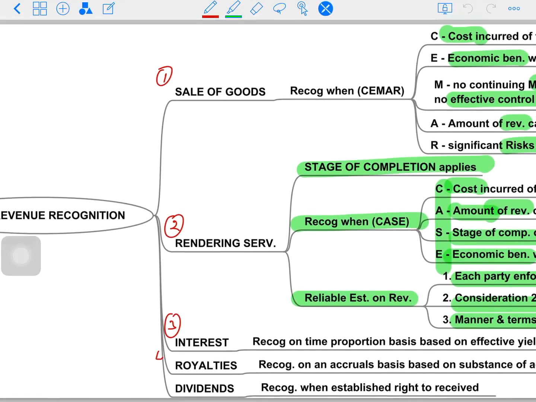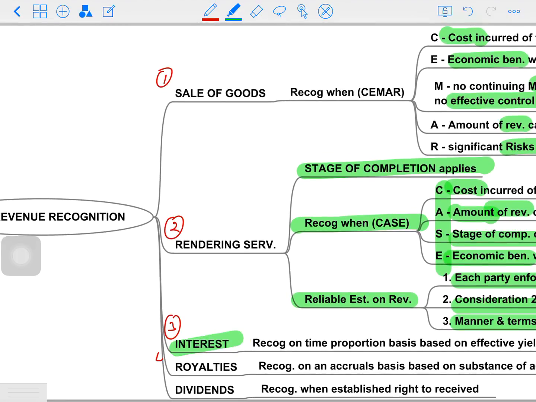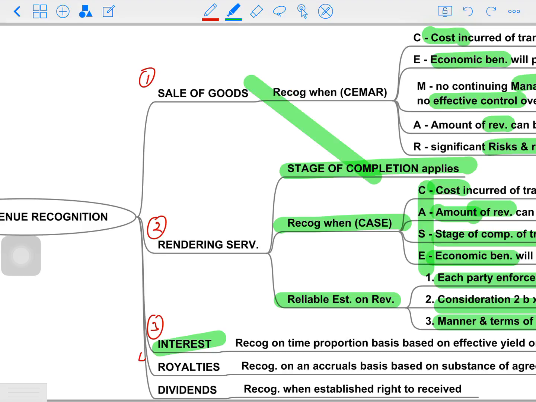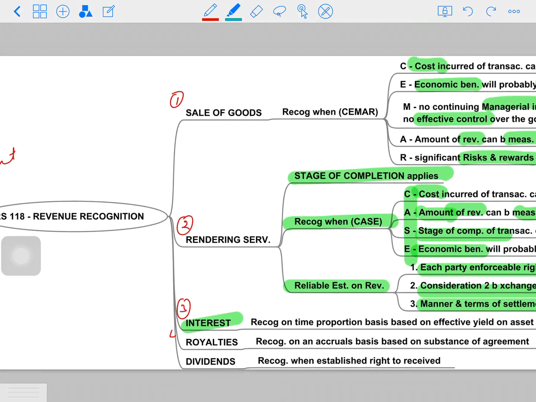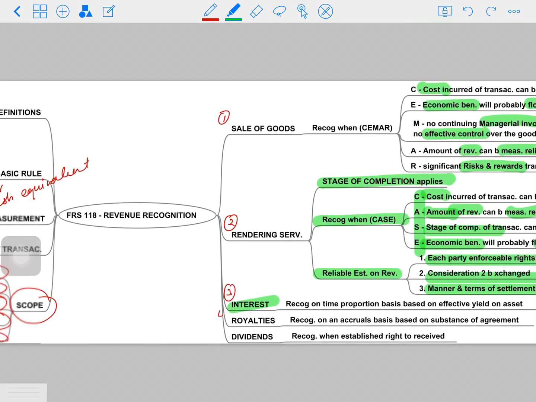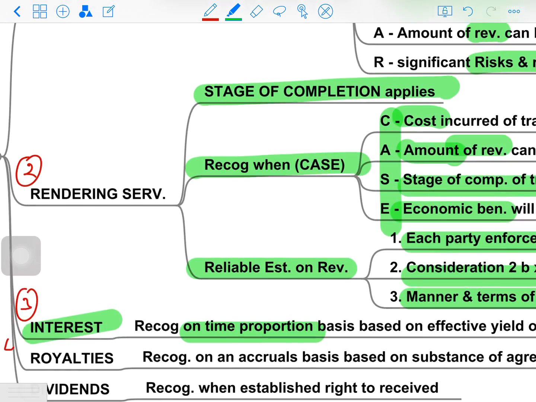Okay, interest. Revenue recognition for interest. How do you recognize interest revenue? Under FRS 118, interest revenue should be recognized on time proportion basis. Maknanya you kena tengok time proportion. Okay? Time proportion. Interest ni sebab dia bergantung kepada masa kan.